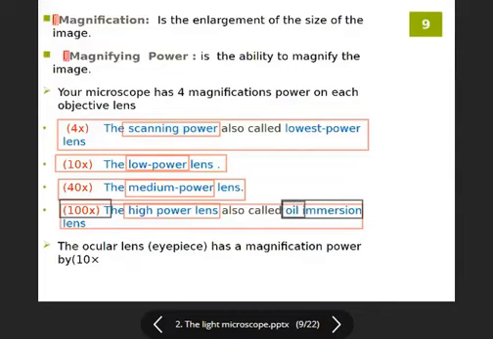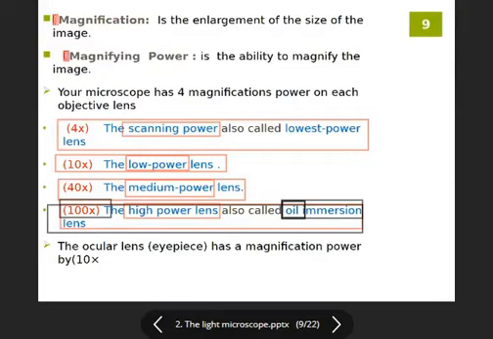So you use a drop of oil only in 100x, not in any other. So you start from 4x, go to 10x, go to 40x, but before going to 100x, put one drop of oil. This oil is a special oil, not cooking oil. I will give you this oil whenever we use 100x, but most of the time we will be using up to 40x.